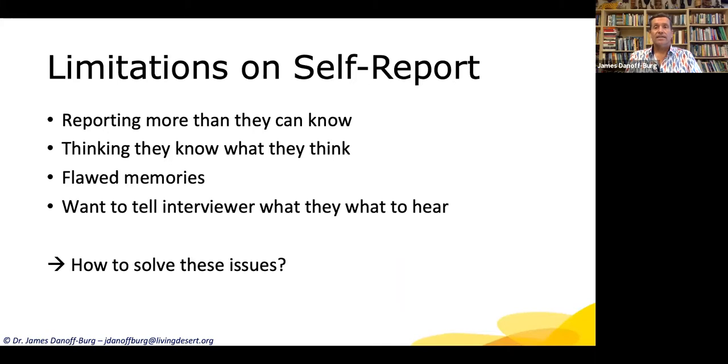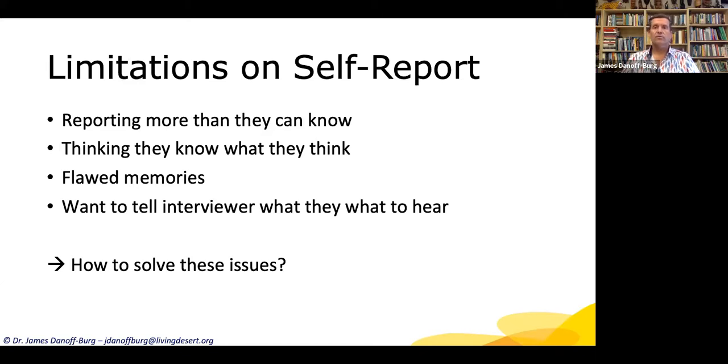Also, last time we talked about limitations on self-reporting. We talked about how sometimes people tell you more than they really do know, that some people might think they know more than what they really do, that their memories may be flawed, that there may be biases that they introduce because, as I just said a second ago, they want to tell the interviewer what they think the interviewer would want to hear, right?